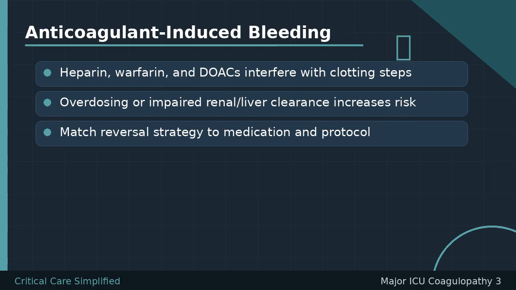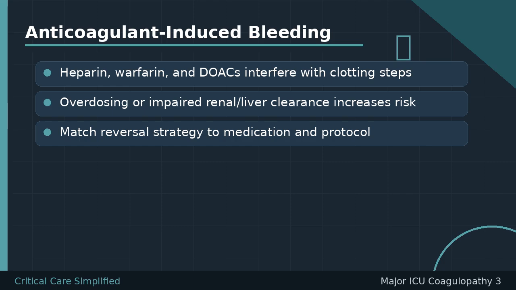The second is massive transfusion-related coagulopathy. This can develop when large volumes of blood products are transfused rapidly, especially in trauma, gastrointestinal bleeding, or complex surgery. Rapid transfusion can dilute platelets and clotting factors and can disrupt calcium and temperature balance.